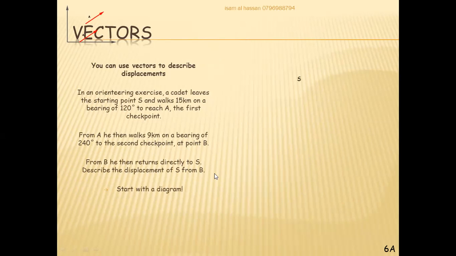Start with the diagram. First of all, let's draw S, 15 kilometers away from A, on a bearing of 120, as they are saying. Then 9 kilometers on a bearing of 240 to the second checkpoint from the point A. Let me just show you what they mean by this.